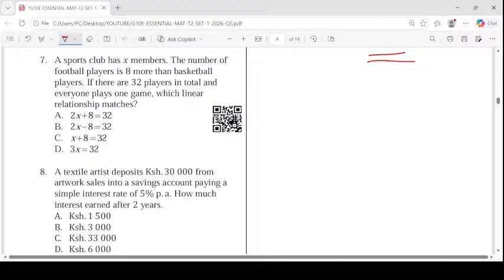The number of football players is 8 more than that of the basketball players. That is where we should get a secret from. So here we are going to say, let the total number of members in a sports club be X. The number of football players is 8 more than the number of basketball players, but there are 32 players in total and each player plays one game.